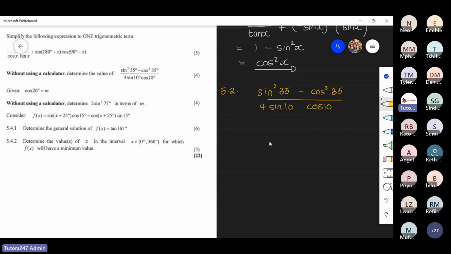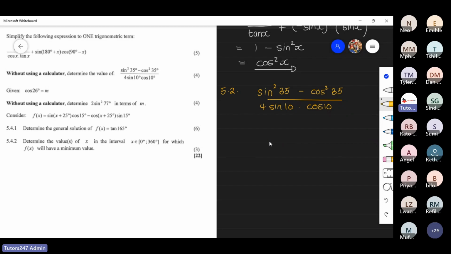Now, let's look at the numerator. Our numerator looks familiar, but it's not exact. So if you go back to the last page in your formula sheet, you will come across your compound angle formulas and your double angle formulas. Now, sine squared of x minus cos squared of x looks similar to one of our double angle formulas for cos.